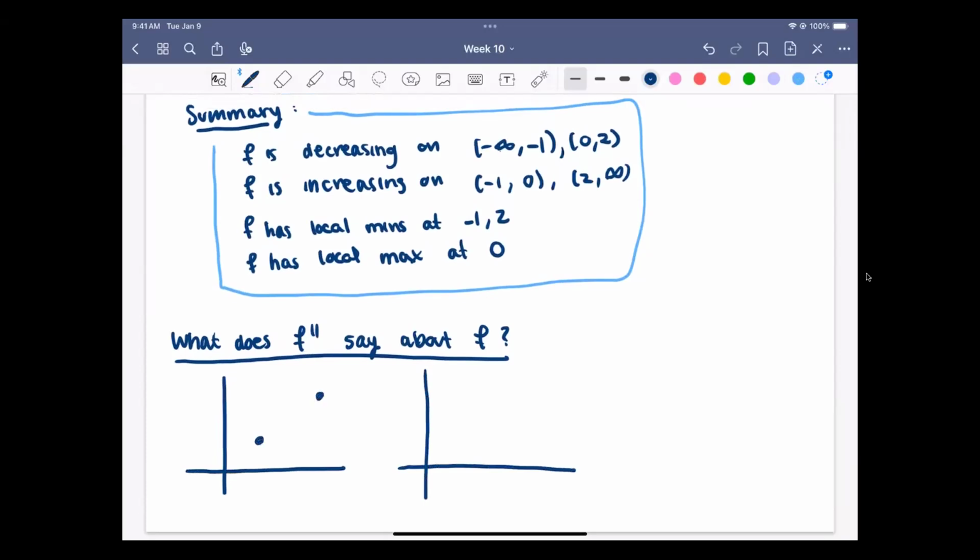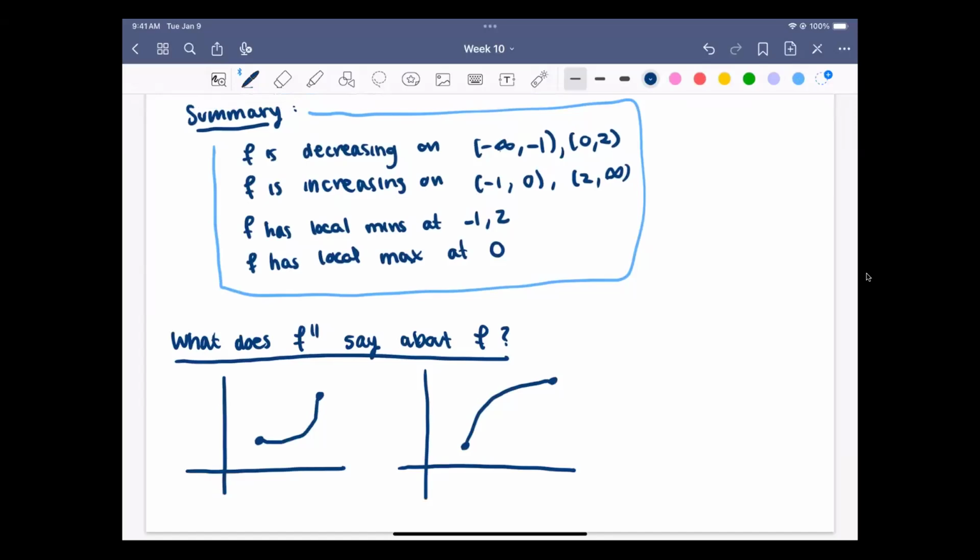So I'm going to draw two graphs of an f. So here's one, and here's the other one. So these two f's are both increasing on this interval, right? But they sort of bend in different directions. And this is the information that we'll be able to detect from the second derivative.